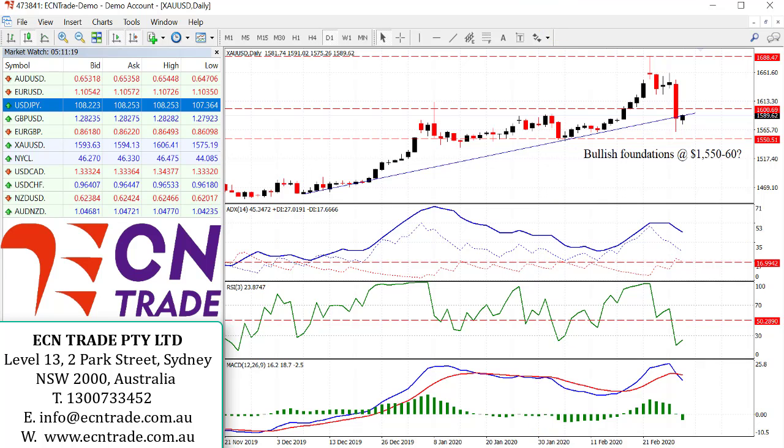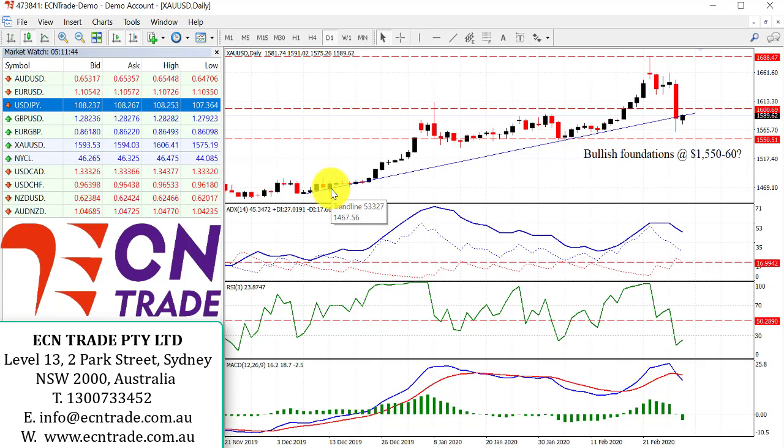Very whipsawed price action in gold. The market plummeted $87 on Friday from the highs of 1,649 to a low of 1,562, and is now attempting to recover back towards 1,600 after posting a little high there at 1,606.